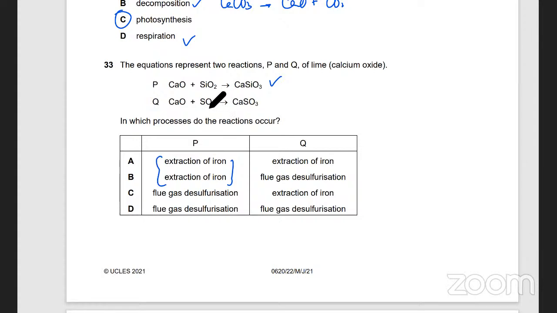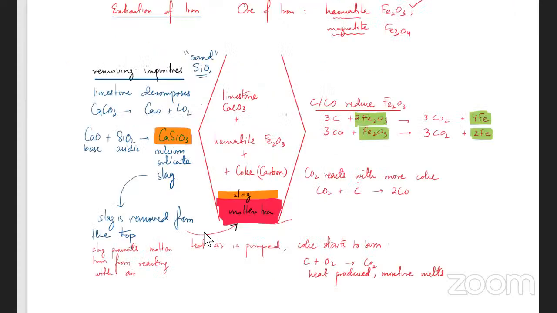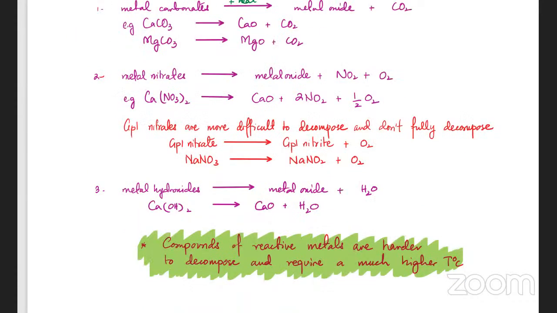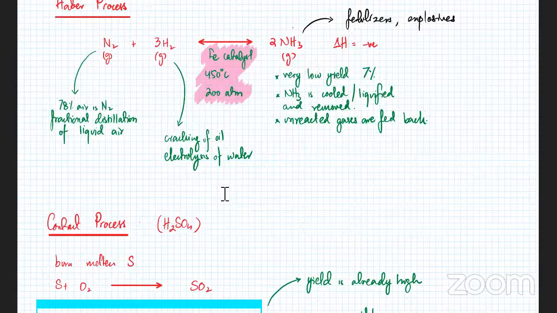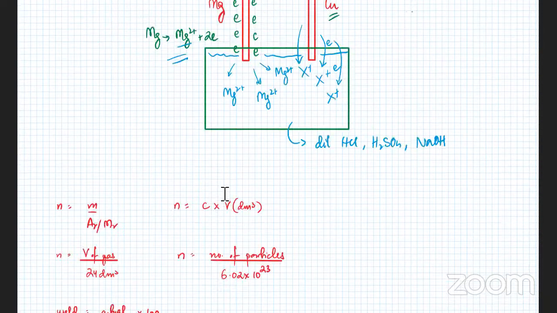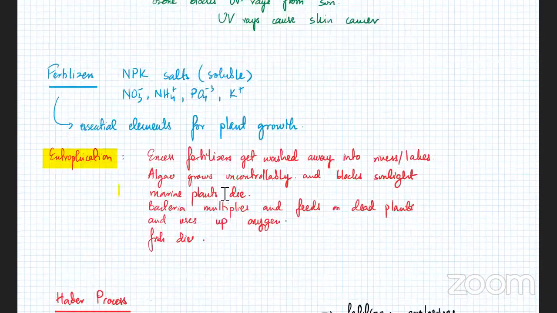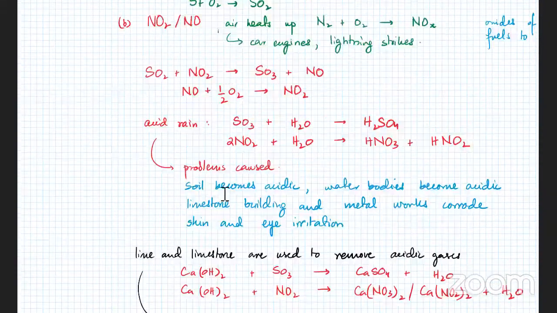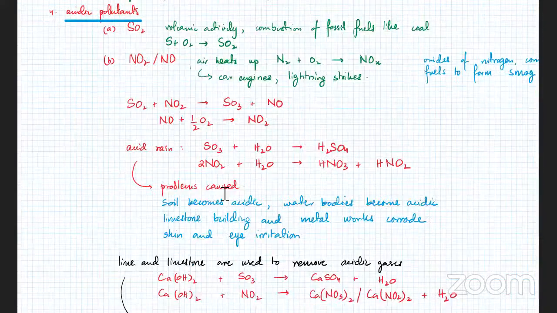ये कहाँ पे सल्फर डाइऑक्साइड? ये वो एसिडिक रेन होती थी, उसके अंदर सल्फर डाइऑक्साइड होता था, यू वुड ऐड लाइम उसको रिमूव करने के लिए। ठीक है। हमने पढ़ा था, एसिडिक पोल्यूटेंट्स, राइट?